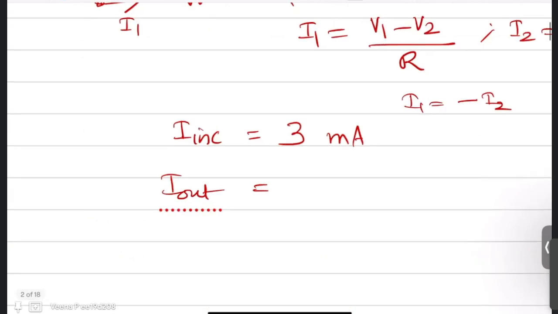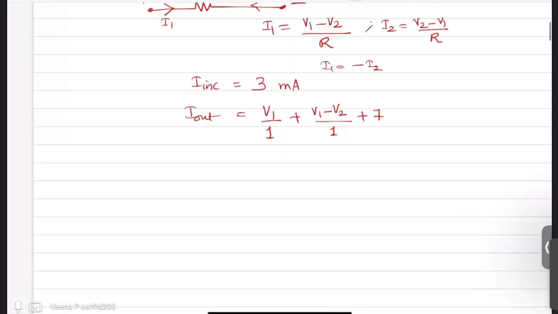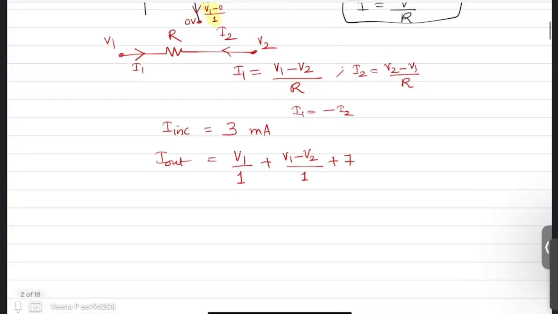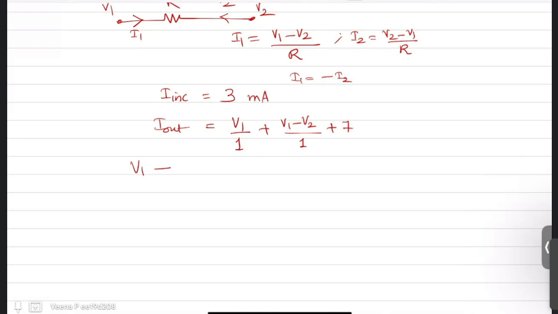So I can write the outgoing currents as V1 by 1 plus V1 minus V2 by 1 plus 7. According to Kirchhoff, all the currents which enter the node should leave the node. That means V1 by 1 plus V1 minus V2 by 1 plus 7 is equal to 3.